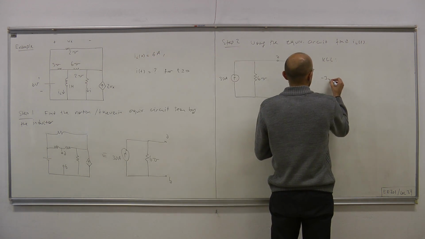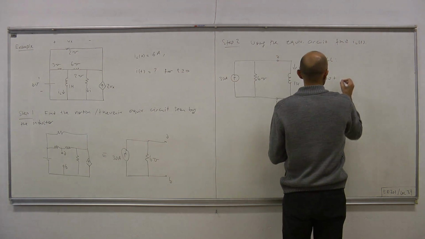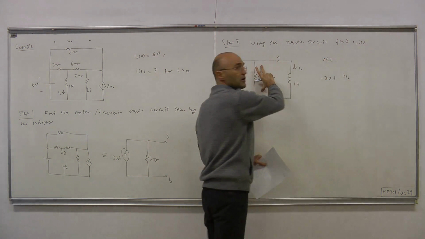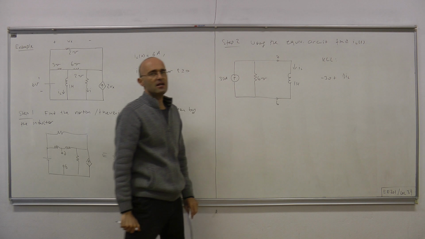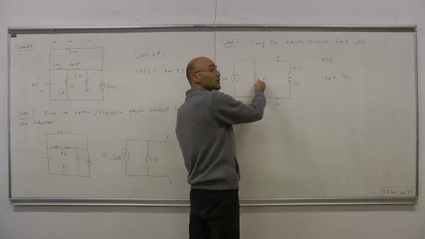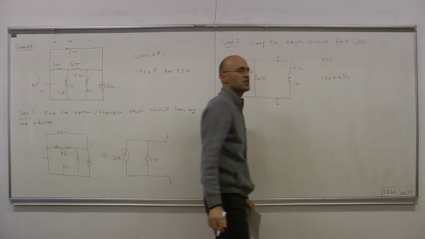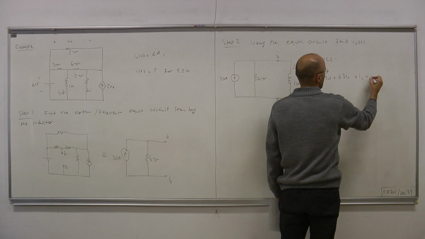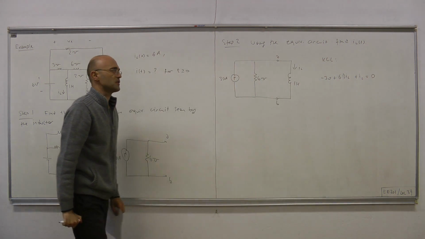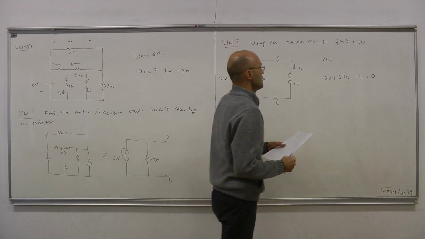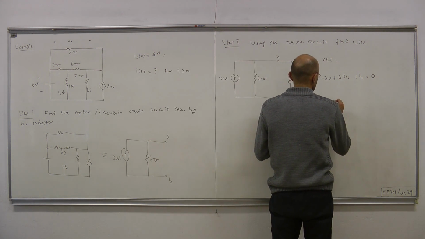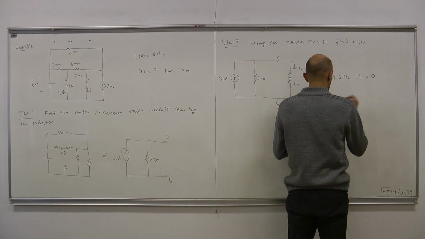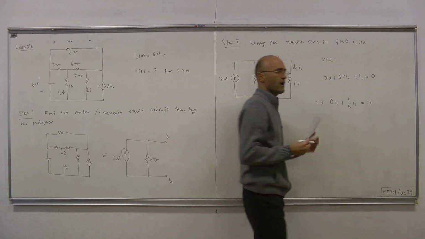So minus 30 plus L dIL/dt, which is the voltage here, divided by the resistance, or multiplied by the conductance, so we have 6 dIL/dt. That's the current here, and finally we have IL. By KCL, the sum is 0. Rewriting this equation, we have dIL/dt plus 1/6 IL equals 5.